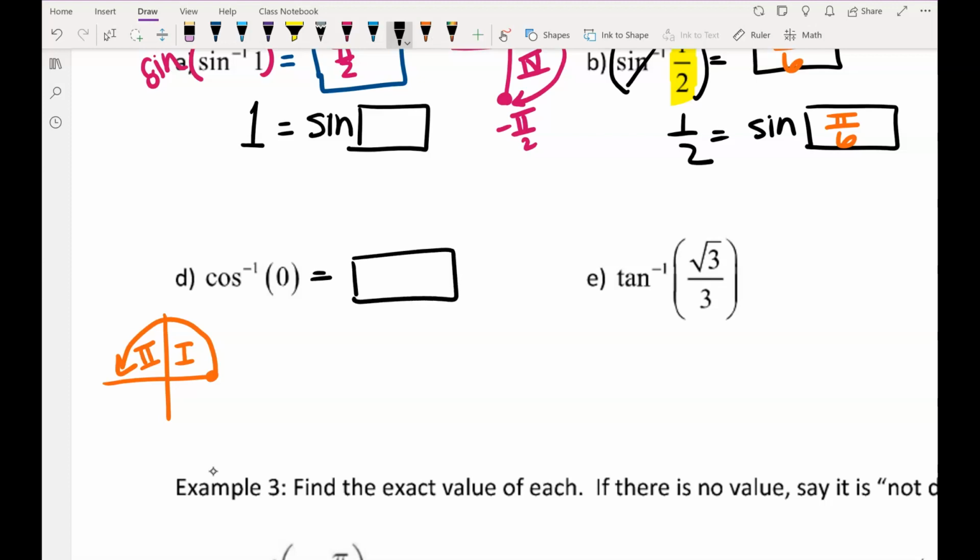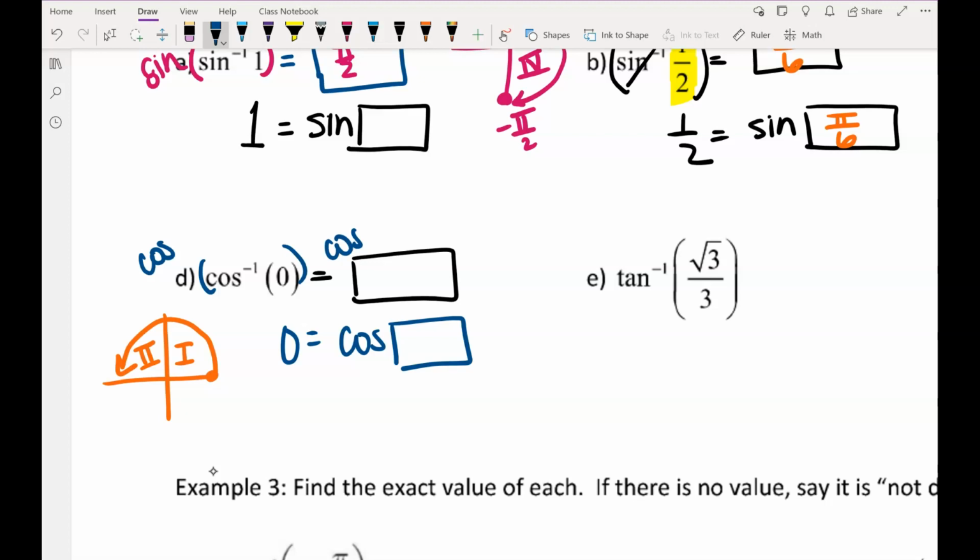So if you can feel it, you can feel it straight up. If you need to go backwards and be like, let me think about it, I can compose both sides by cosine and then cosine. So 0 equals cosine of this answer. What should we write down? What is the box?